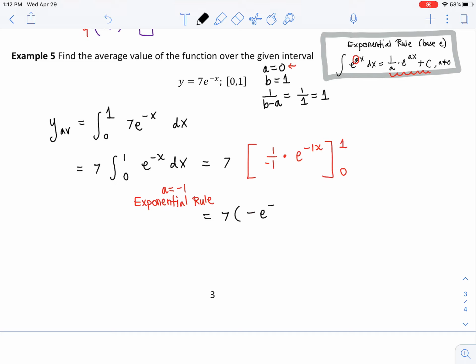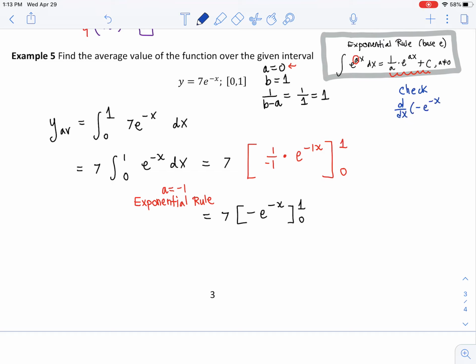And if I simplify this a little bit further, that will be 7 times negative e to the negative x power. Oh, sorry, not times yet, because I didn't plug in my bounds just yet, right? And 7 is just waiting. We still need to plug in our lower bound and upper bound into this.